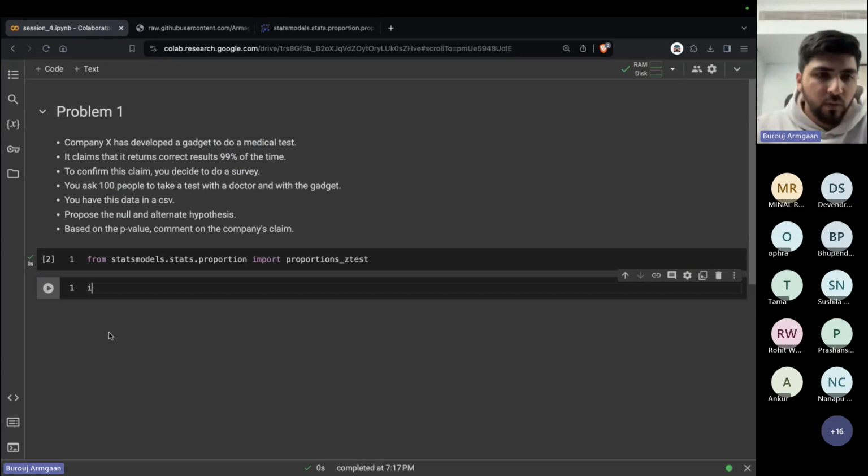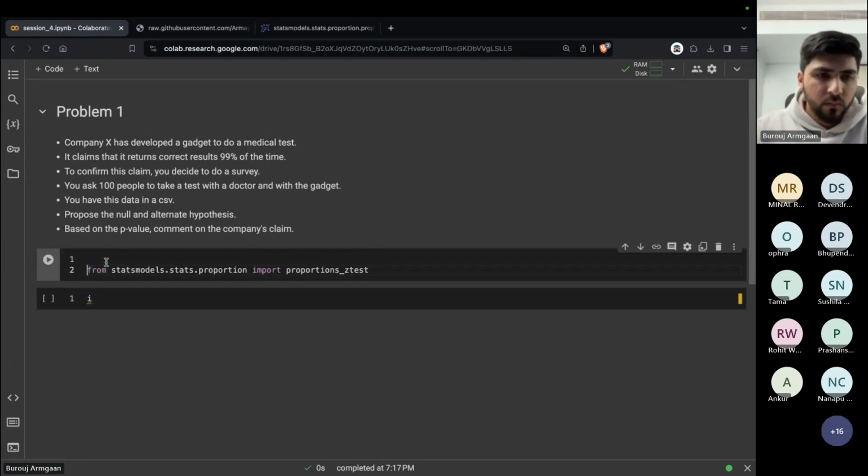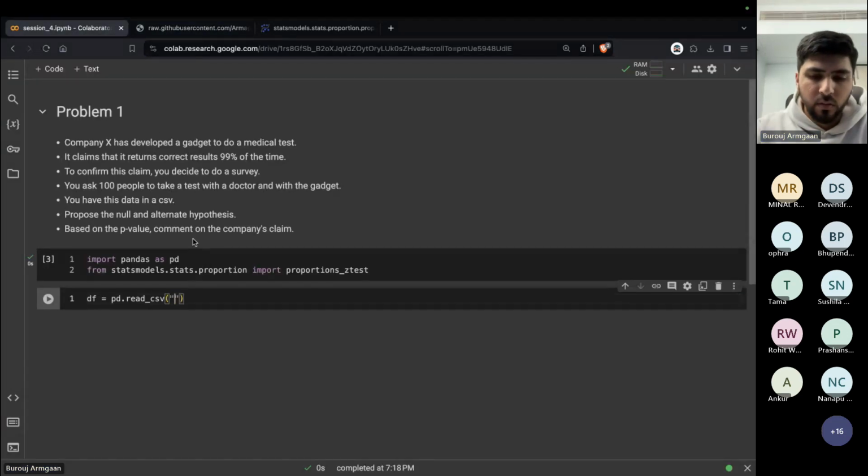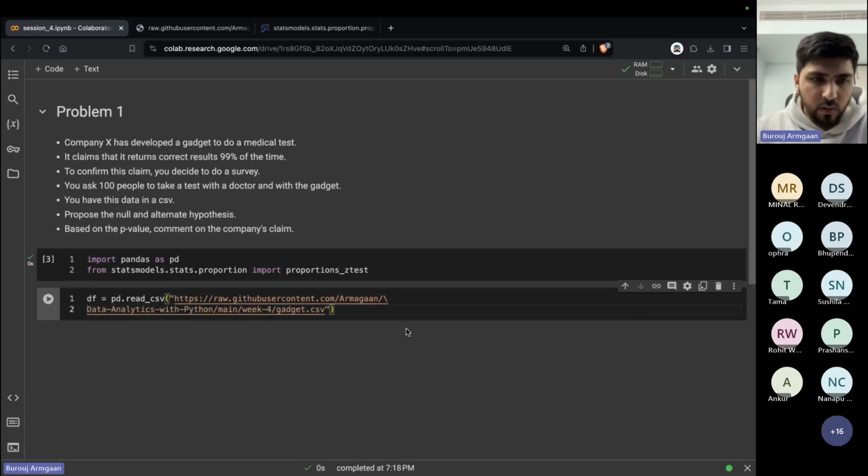We have import pandas as pd. Our data frame will be pd.read_csv. We give it the URL.